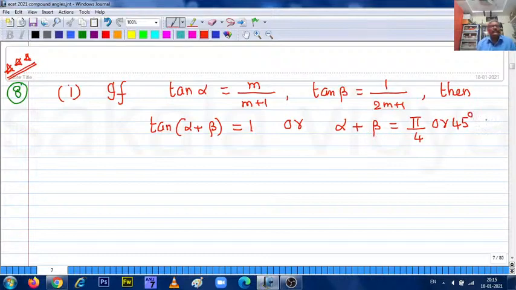You can write this answer. One example also let me discuss here. Example.